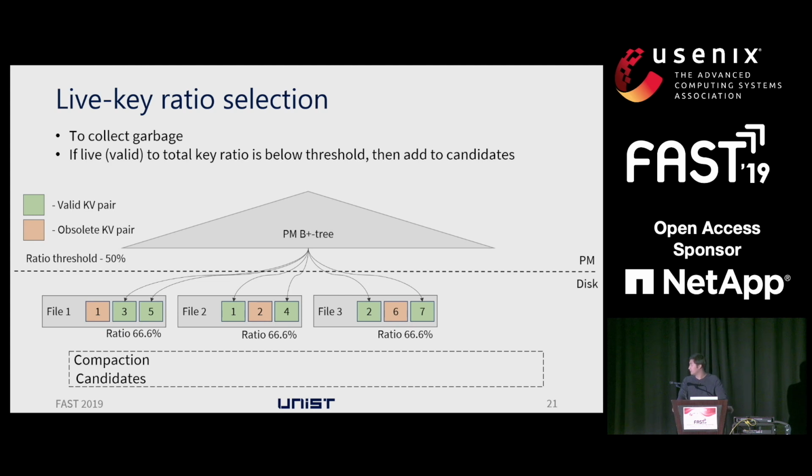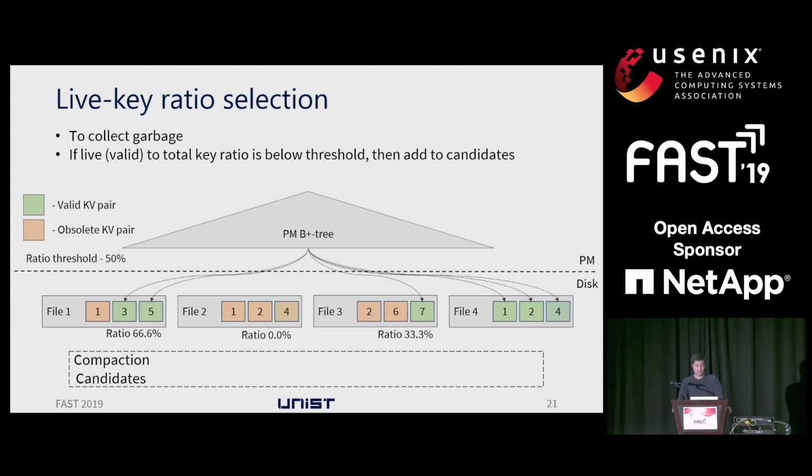The red one is the obsolete key-value pairs, and the green one is the valid key-value pairs. If that ratio drops below our configured threshold, then we mark that file as a compaction candidate.